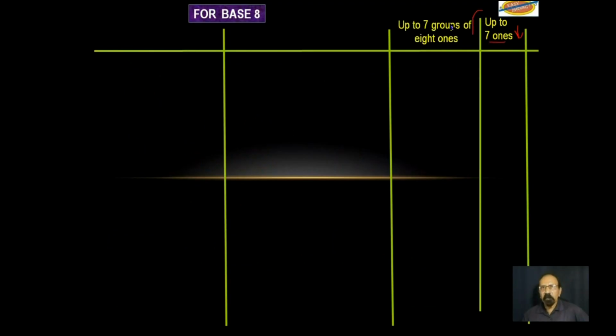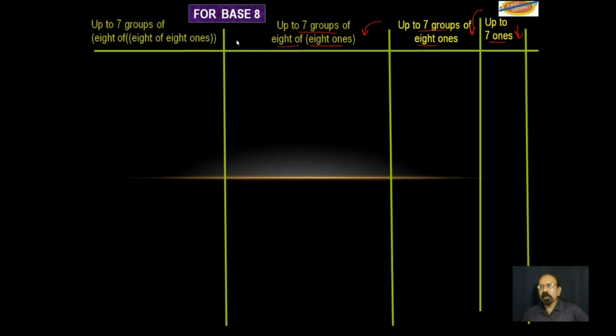The next column to the immediate left of that could take up to 7 groups of 8 ones. The next column to the left of that can take up to 7 groups of 8 of 8. And the next column to the left of that could take up to 7 groups of 8 of 8 of 8 ones.